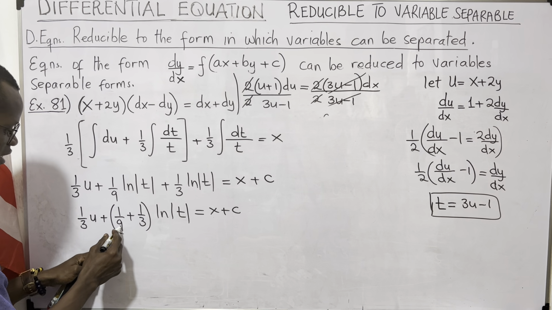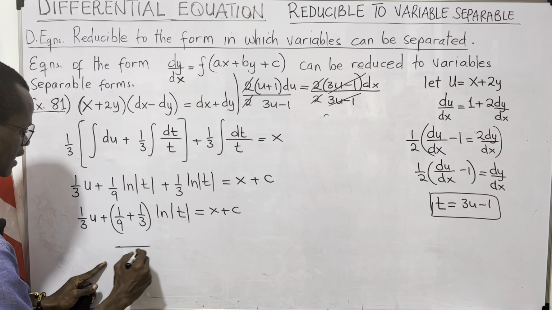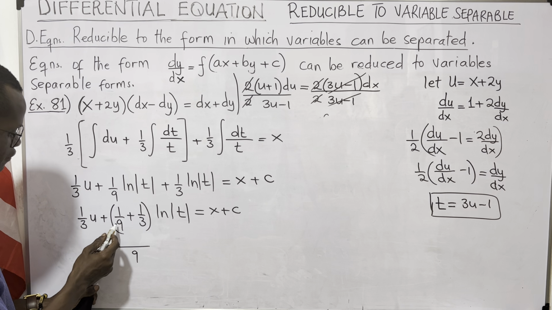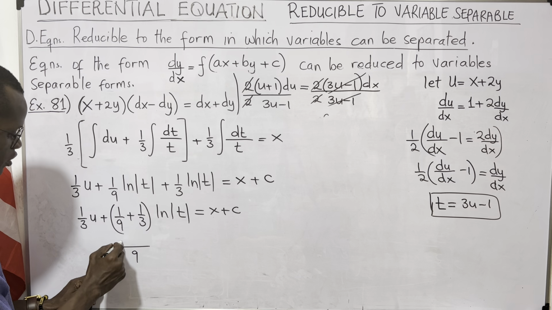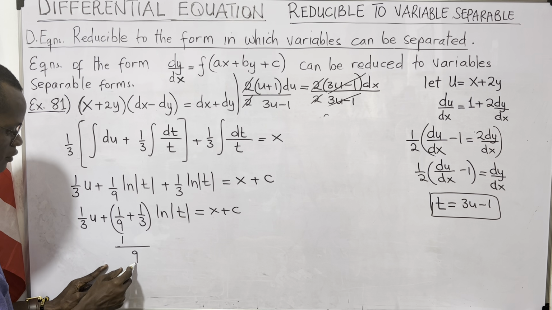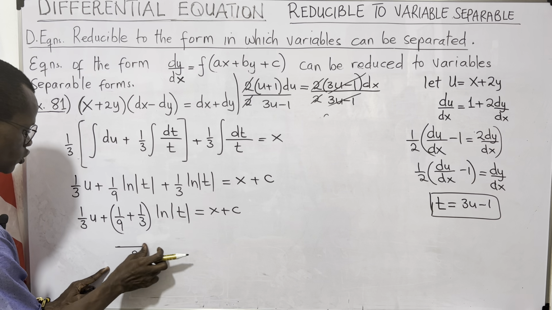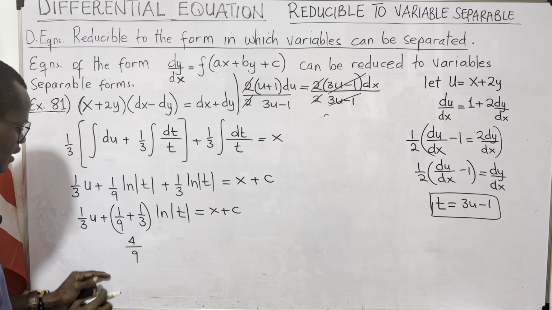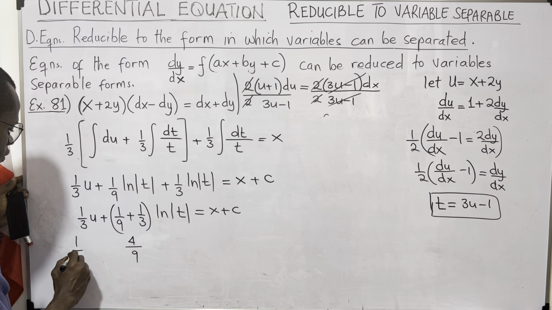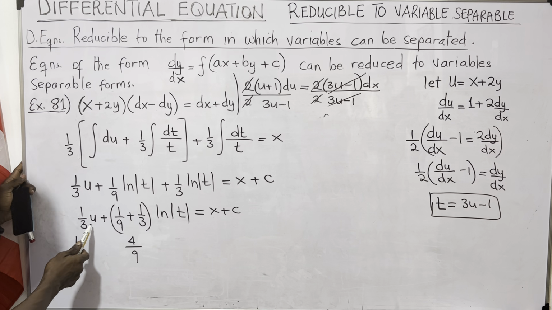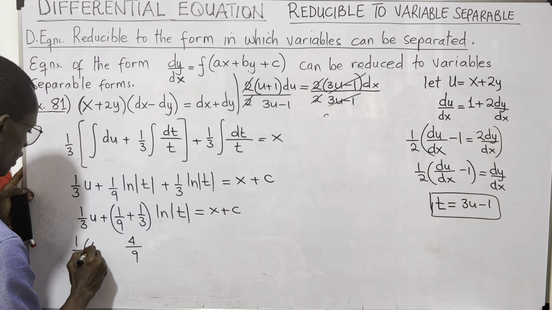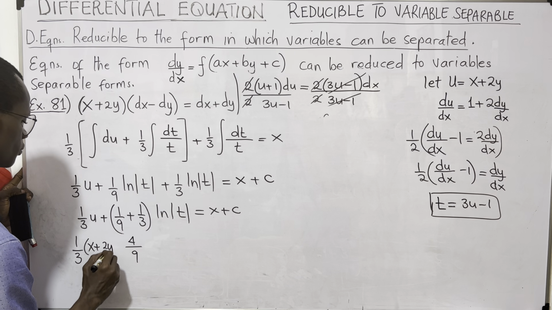So the LCD here is 9. So we have 9 into 9, 1 times 1 is 1. 3 into 9, 3 times 1 is 3. So it's 3 plus 1 is 4. So this gives us 4 over 9. So this is 1 over 3. Now what is u? u initially was x plus 2y.